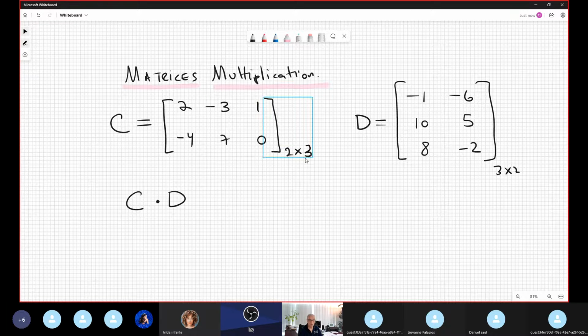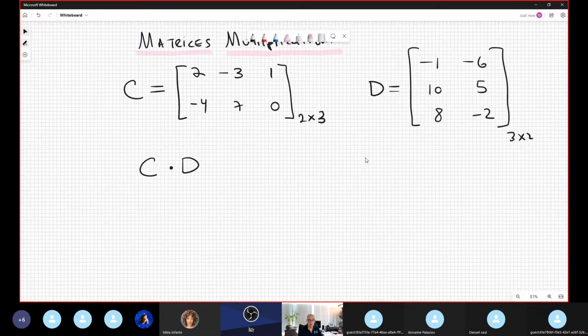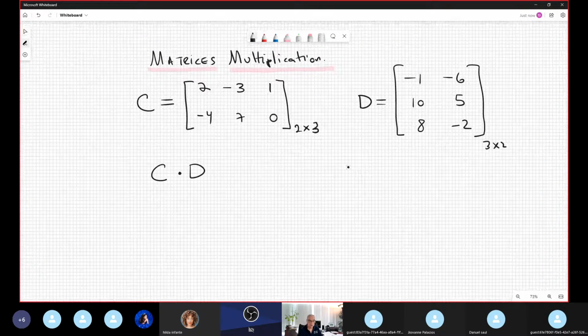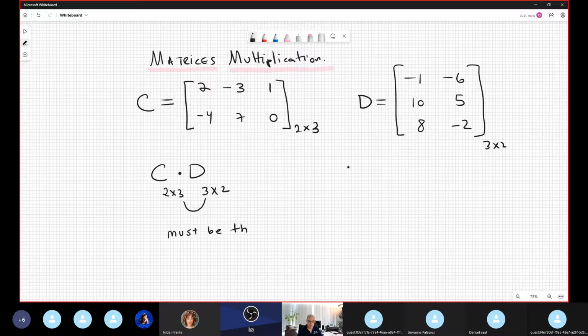When you face that problem, the first thing you should do is analyze the dimensions. The dimension of C is 2 by 3. The dimension of D is 3 by 2. So these must be the same.